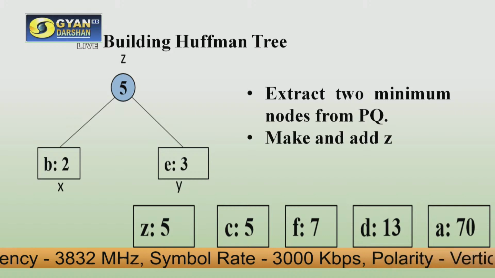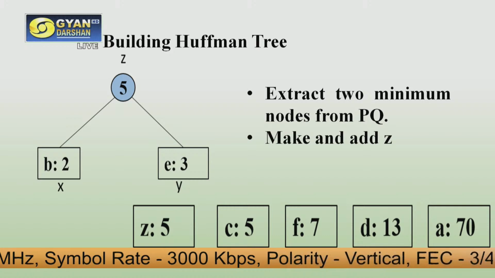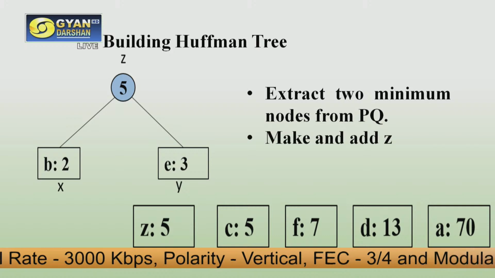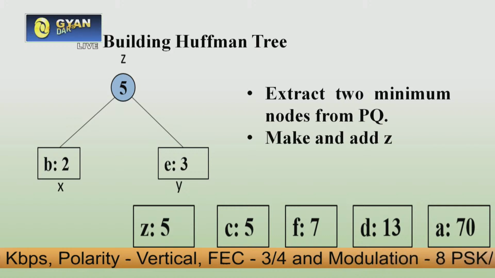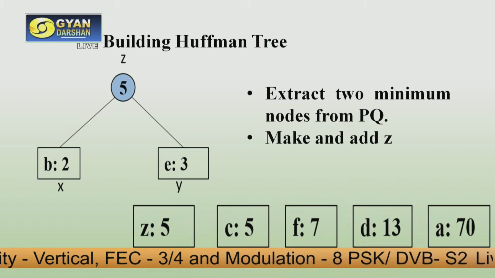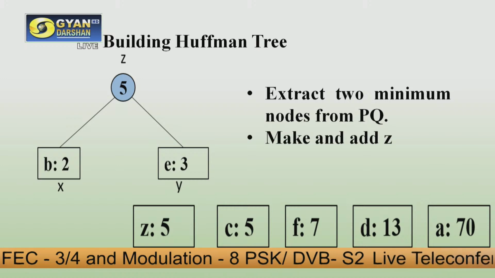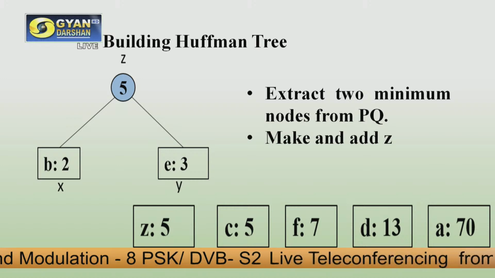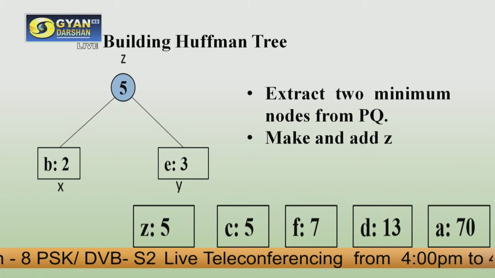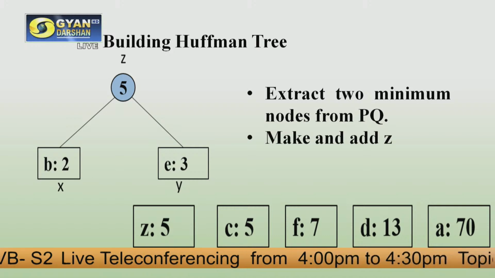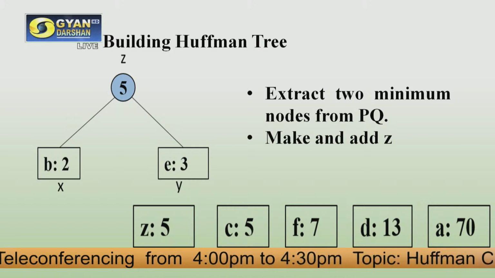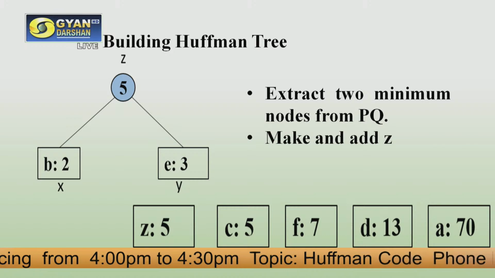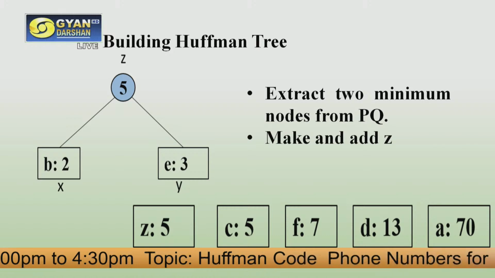What is the frequency of Z? B was having frequency 2 and E was having 3, so adding that, 2 plus 3 becomes 5. This subtree has been made, and now Z is added back to the queue.